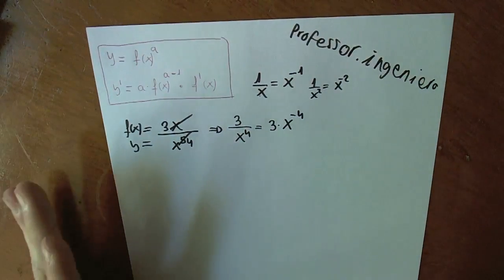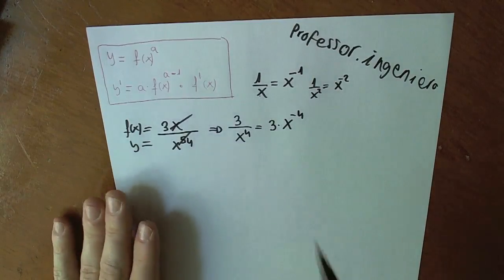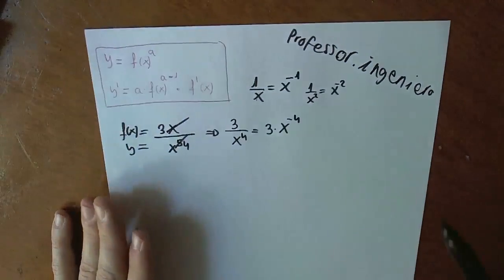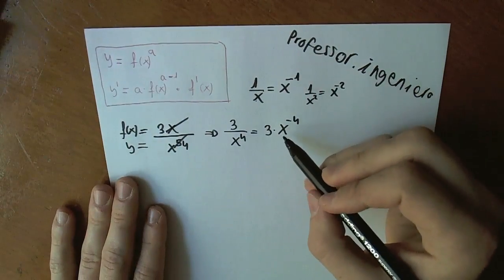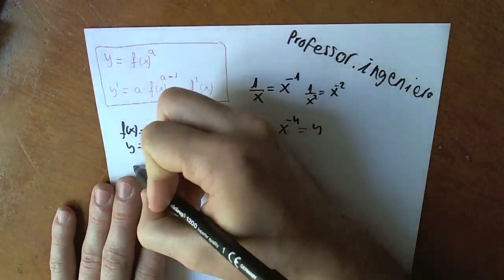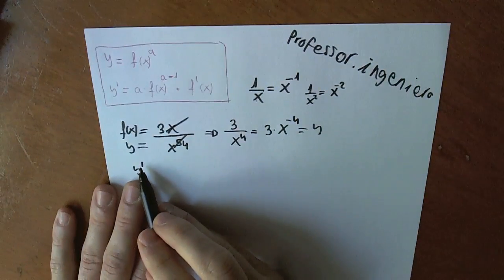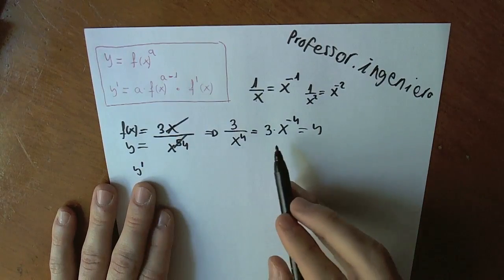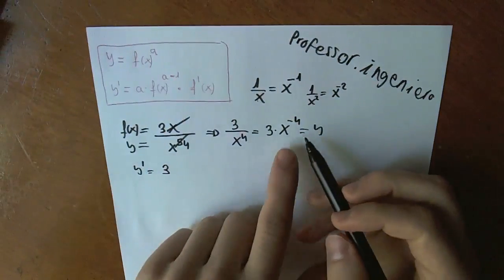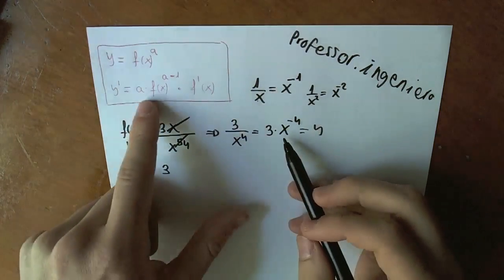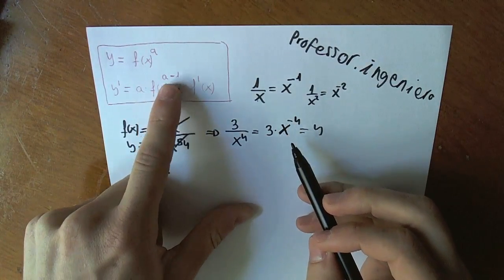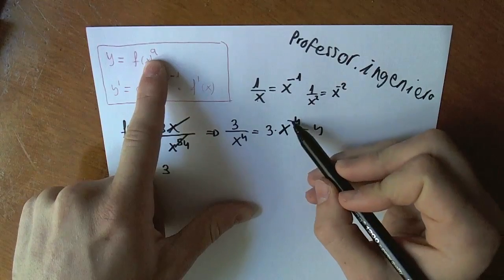It's perfectly valid. Okay? So once we have this, we can proceed with the formula that we learned and we already know, and it's very easy. We just need to identify the 3 is a constant. Okay, this is the function y, so we want to derivate y with this line, y prime. The constant is the constant. You leave it outside, as I explained. And then we need to identify what is f(x), is just the letter x. And what is the a? The a is the minus 4.